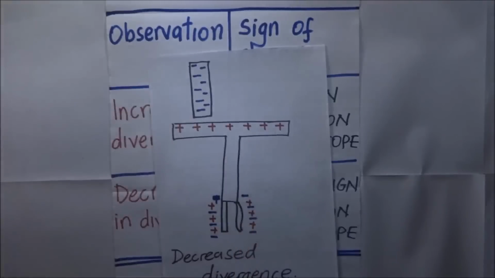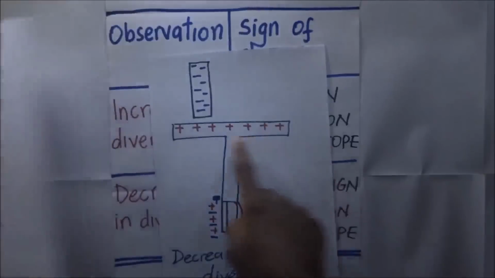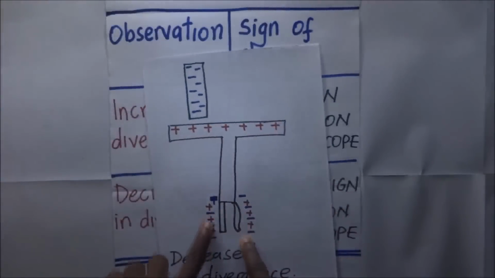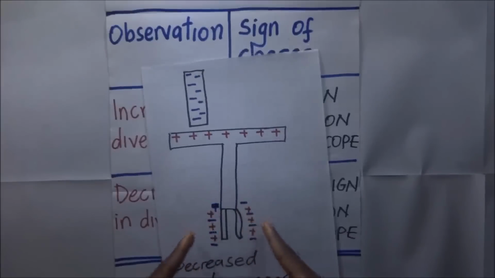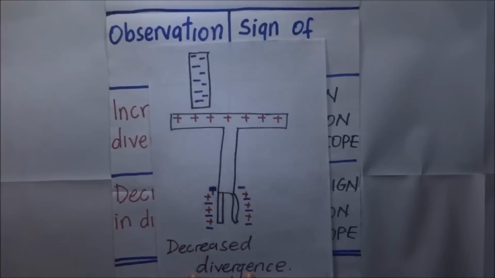Since originally down here they were predominantly positive charges, when the negative charges on top are repelled downwards, they are going to neutralize the positives that are there. And when they are neutralized, the divergence of the gold leaf will decrease. So what does that mean?